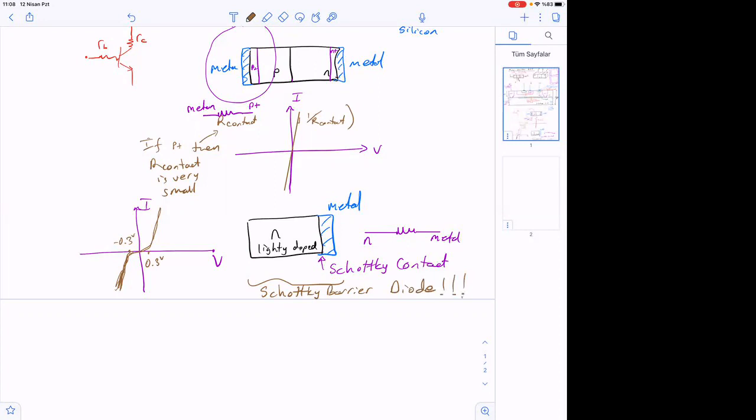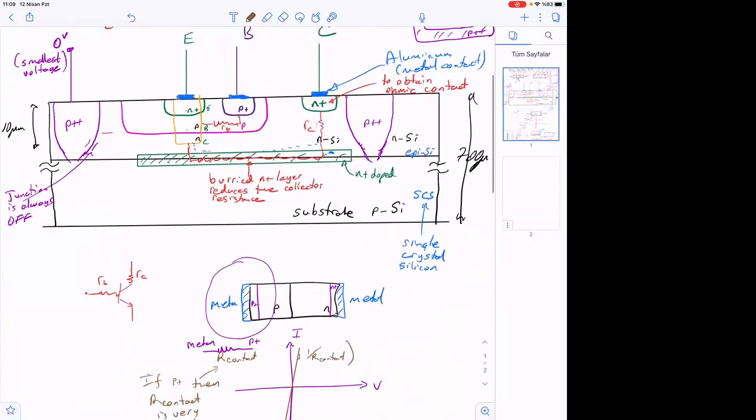Okay, so in order to prevent that Schottky barrier diode forming, we put here this one. Okay, so to obtain ohmic contact, we put here N plus.